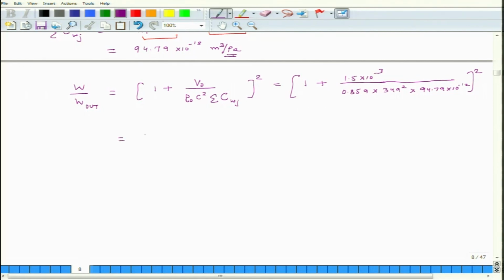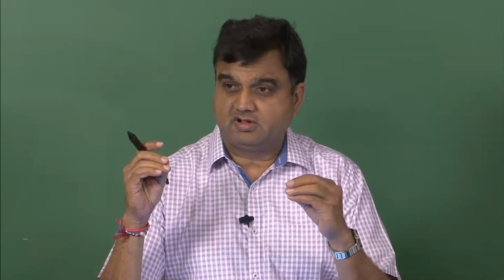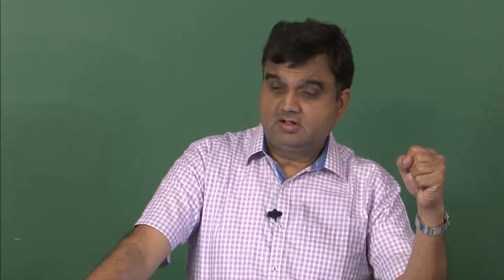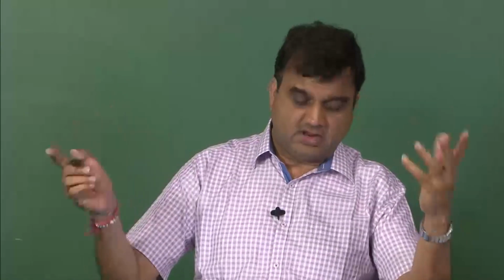And if you do all the math correctly, you will get 23,179, which means that the small acoustical enclosure is letting out only 1 over 23,000 times of the internal power. So, if inside you are producing 23,179 watts of power, the amount of watts getting out of the enclosure is 1.